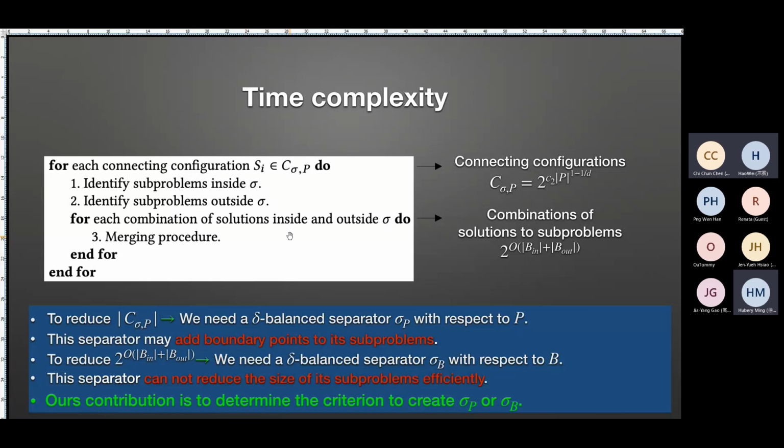Therefore, we need another separator that is balanced to the boundary points. That means we could reduce the boundary points efficiently. Then we could reduce the time step of the second for loop efficiently. And our contribution is to determine the criteria to create these two kinds of separators.